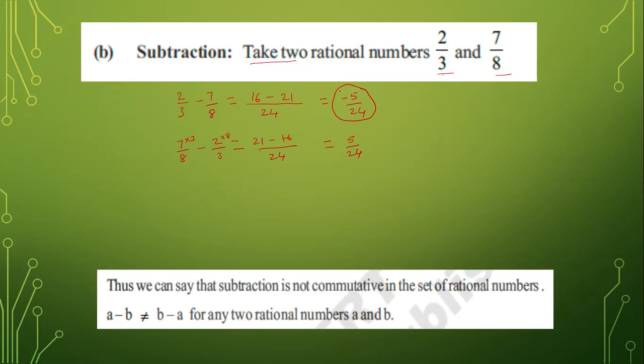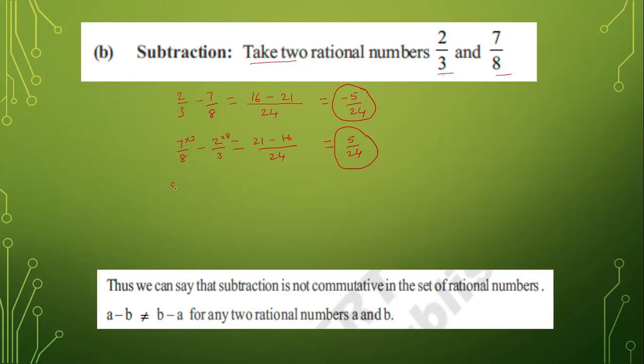You look there. First instance we get minus 5 by 24. In the second instance, 5 by 24. What do you say about these two results? One is negative, one is positive. That means both are not the same.